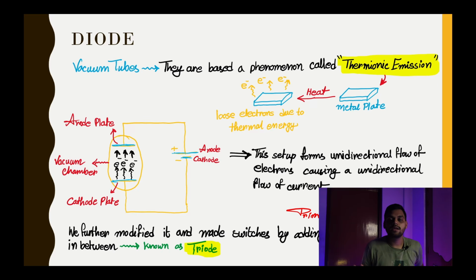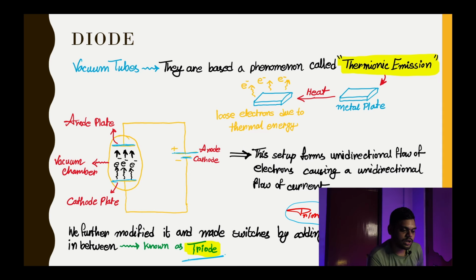There will not be any other direction the electron will go. So electrons go only from cathode to anode, forming a unidirectional flow. Thus it acts as a diode. So this is the setup of a vacuum tube.